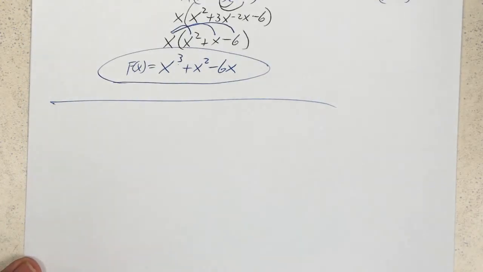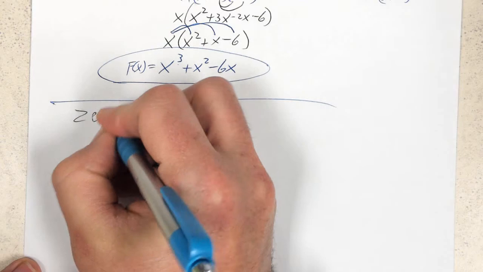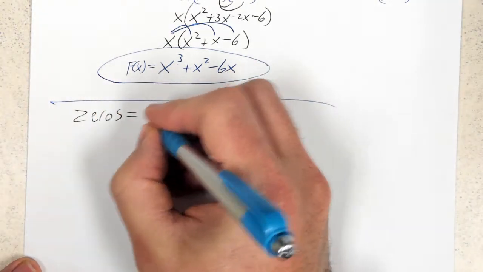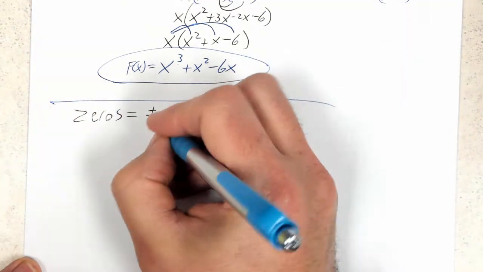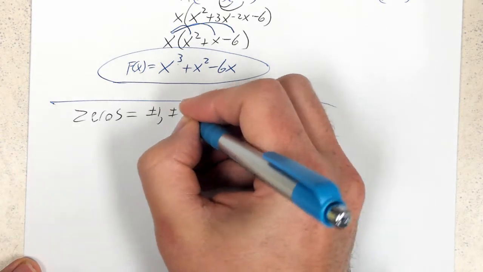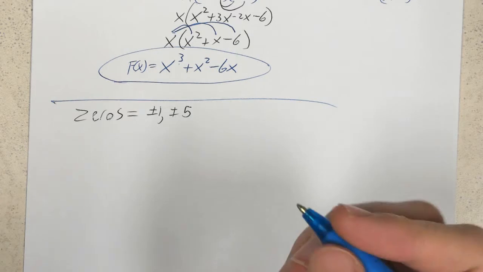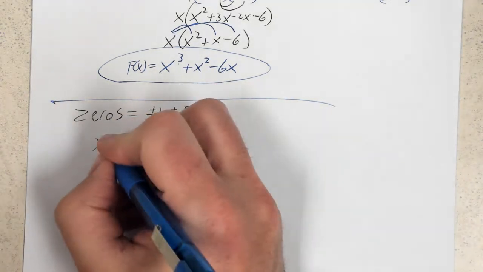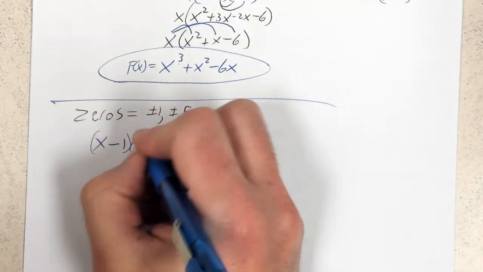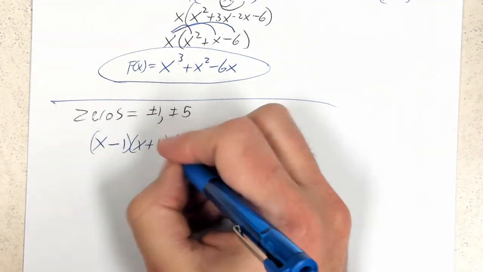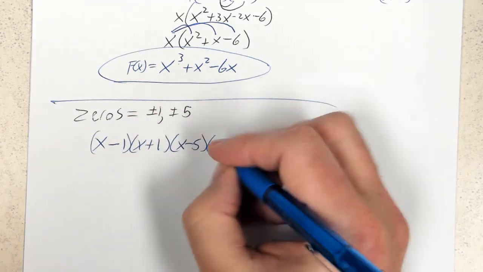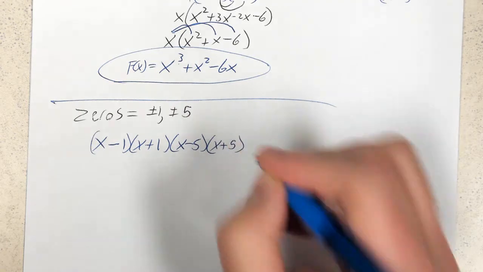Let's see if we do one where the zeros are equal to plus or minus 1 and plus or minus 5. So our factors then are going to be x minus 1, x plus 1, x minus 5, and x plus 5.